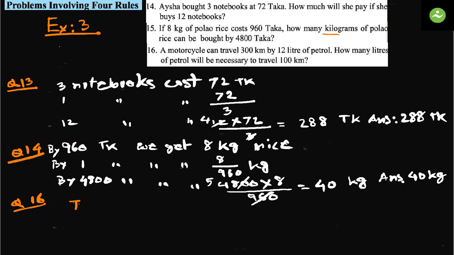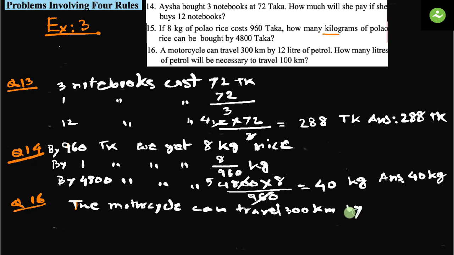The motorcycle can travel 300 km by 12 liter.